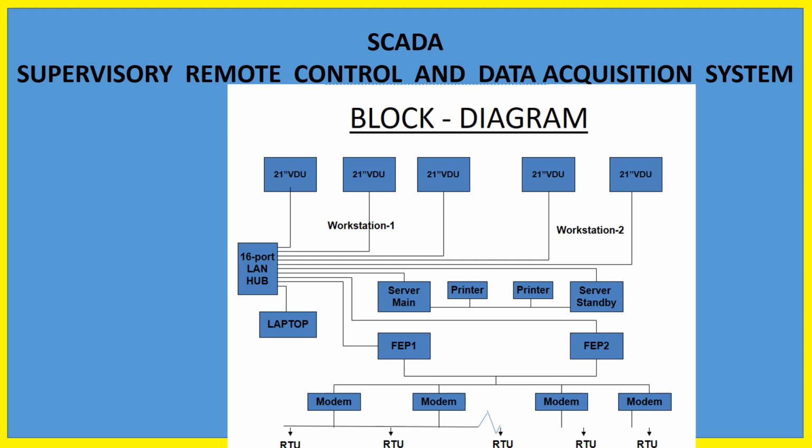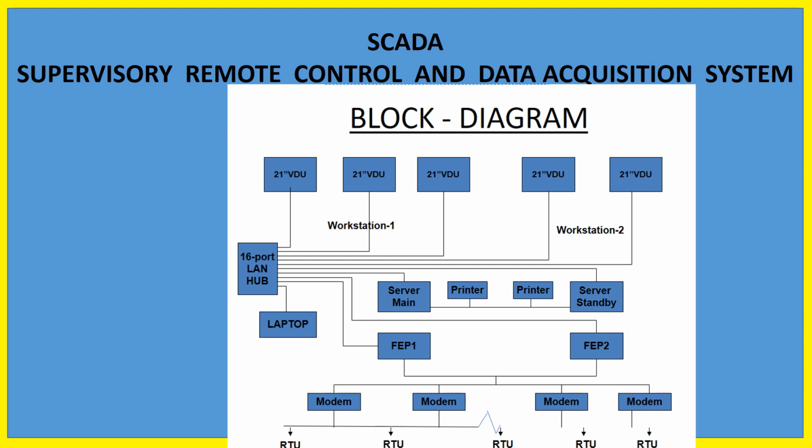When telesignal goes from the control center, it will be modulated for the communication to the RTU. And when the telesignal comes from the RTU, it will be demodulated in the control center, and on the computer screen you can see the telesignal.